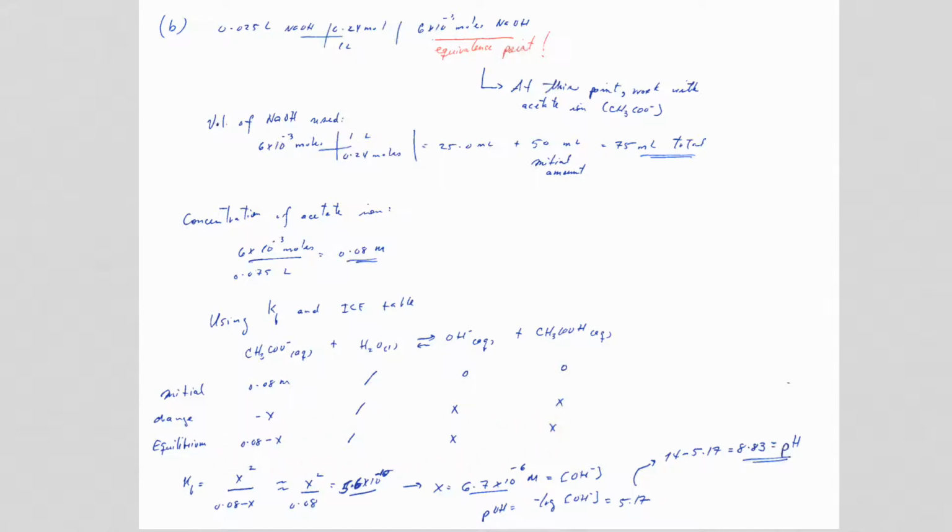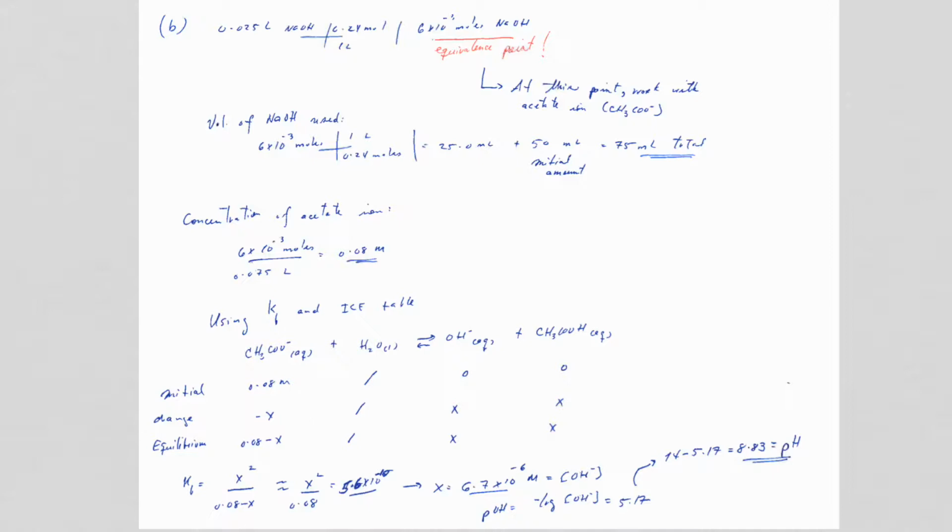I can do the same simplifications that I did for my Ka, leaving me with this right here at the bottom. X squared over 0.08 equals 5.6 times 10 to the minus 10, meaning that my X equals 6.7 times 10 to the minus 6 molar. From there, I calculate my pOH, minus the logarithm of my concentration of hydroxide, and that computes to 5.17.